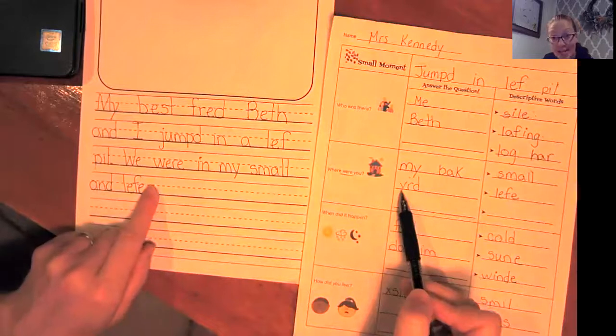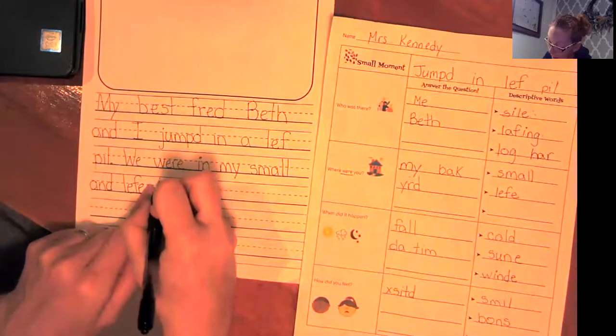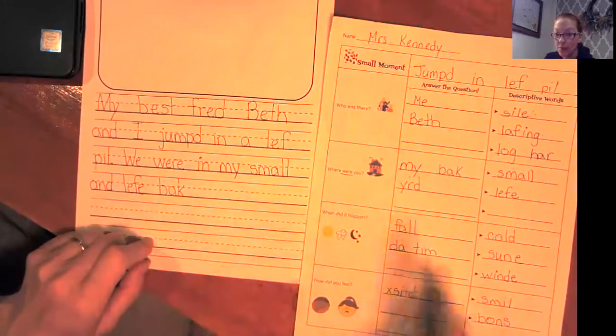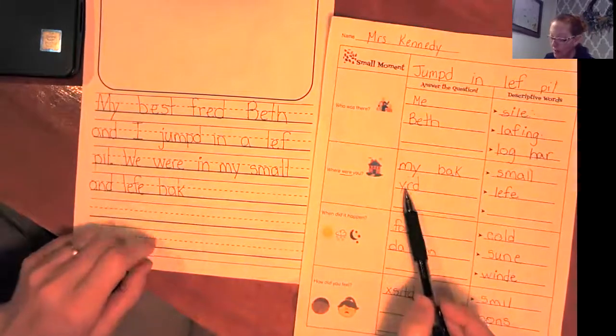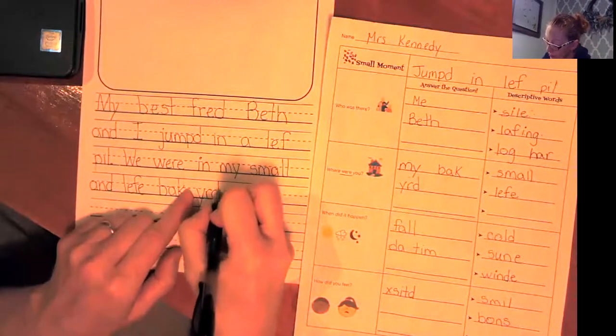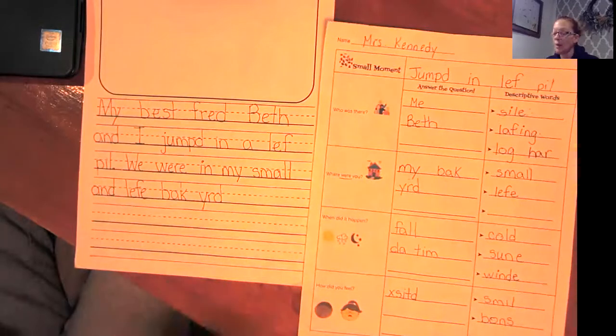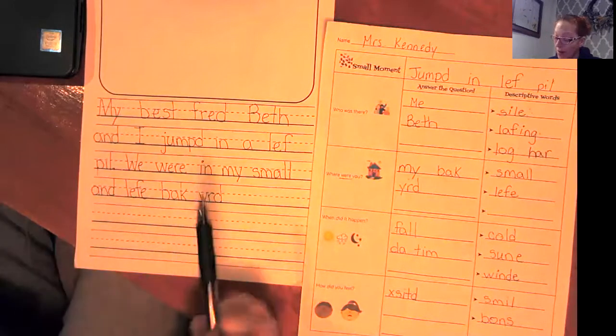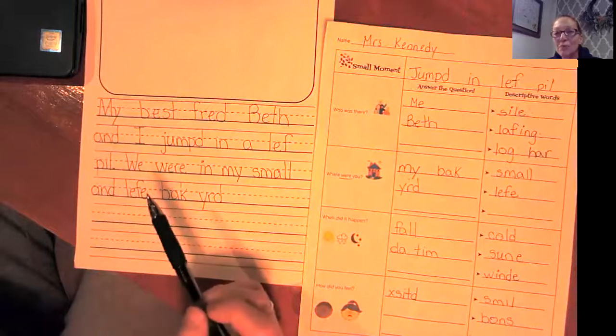And that means you already did the work if you did this. Back. And I am just using what I already did. Yard. All right. Now, when you're a writer, you also need to be a reader. And when you're a reader, that helps you be a writer. So after you write, you need to reread it.